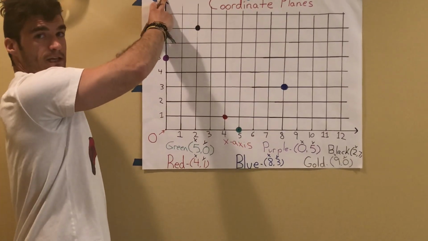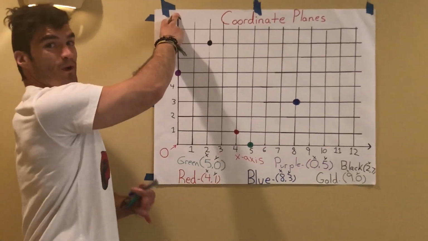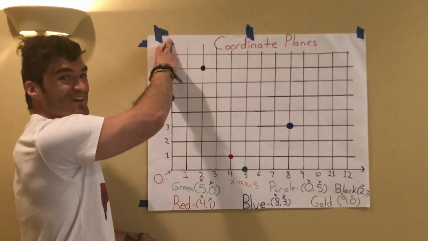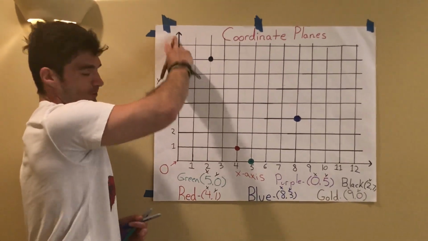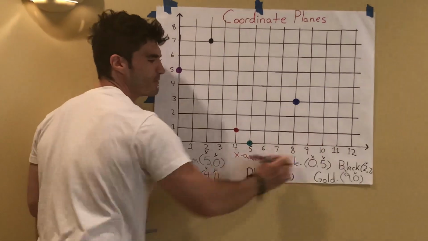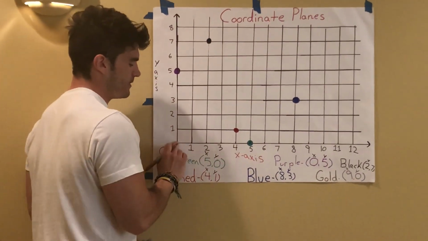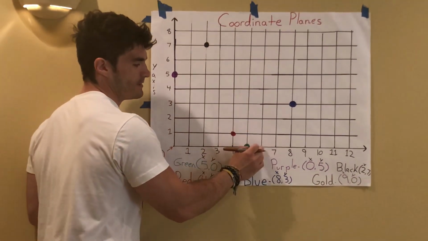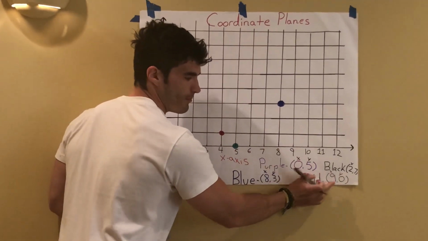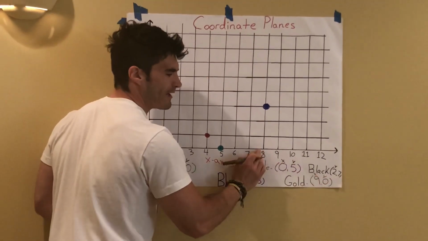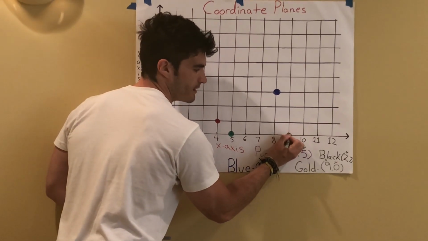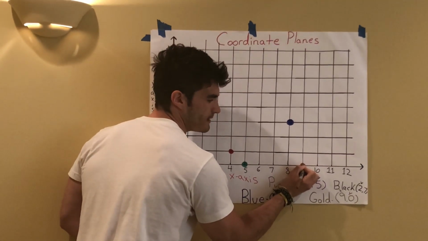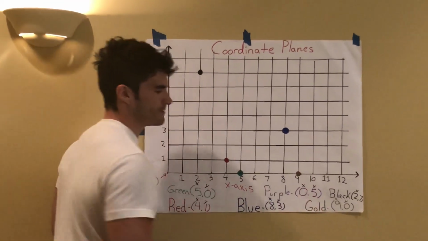This would be incorrect because remember, which direction do you have to travel? Horizontally. Yeah, that's what I thought. Horizontal before you go vertical. So I have to start here and I have to go sideways before I can even go up and down. So 1, 2, 3, 4, 5, 6, 7, 8, 9. My y coordinate tells me 0, so I don't even travel on the y-axis. So I stay put right there. And that is my ordered pair for gold.